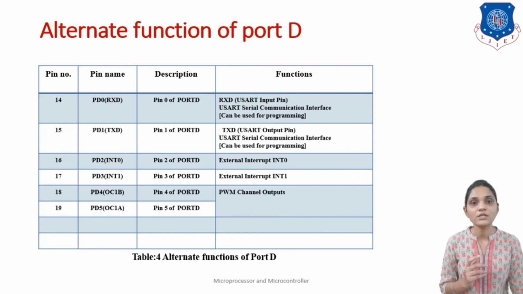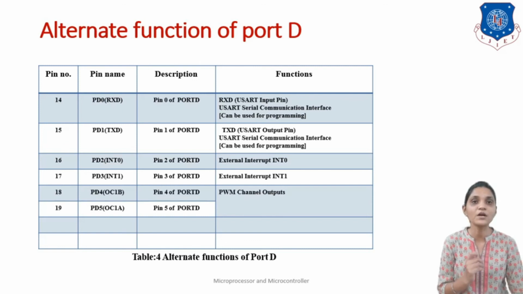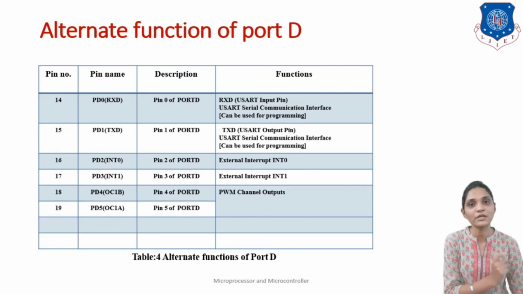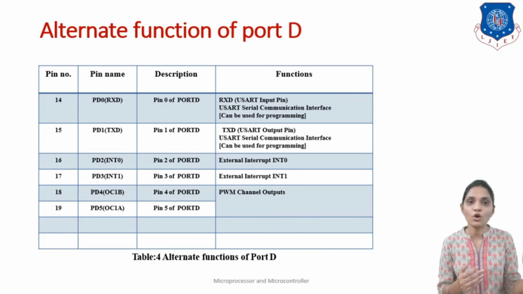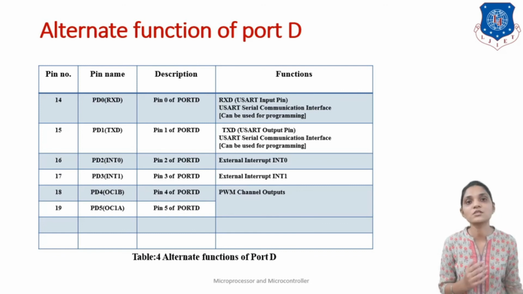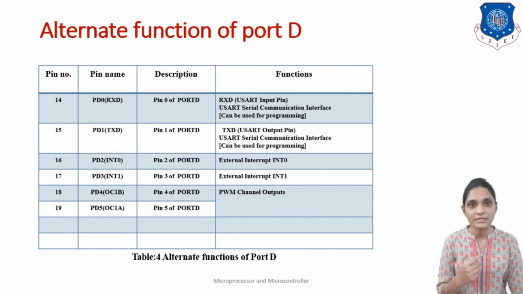Then we have PD4 and PD5, that are used for the PWM channel output, that is the pulse width modulated channel output. This is one kind of waveform where for some duration the value is 1, for some duration its value is 0, and so on. That kind of output is required whenever you want to turn something on or off. At that time we can use this pulse width modulation channel output.